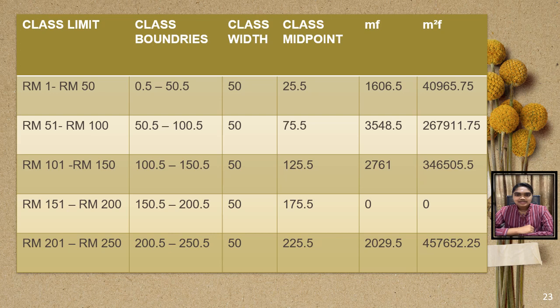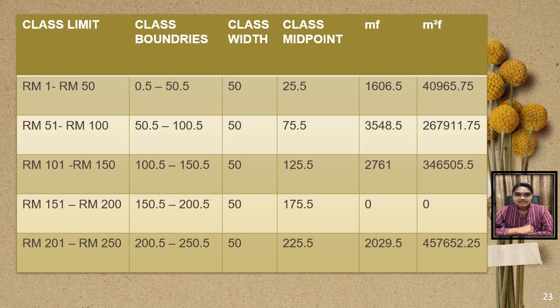Class width is the difference between the range of the class. The class midpoint we can get by adding both values and dividing by 2.